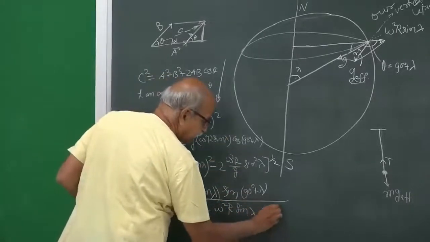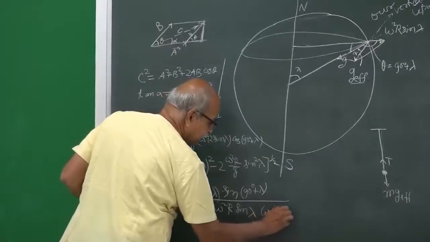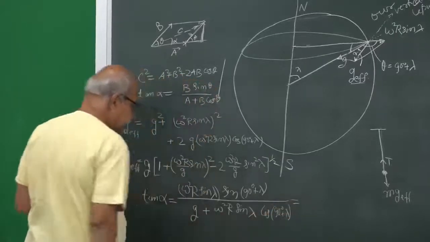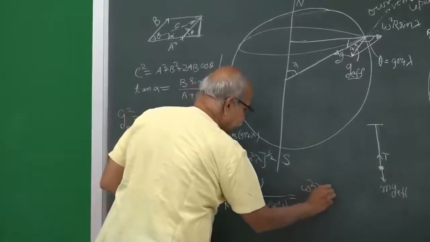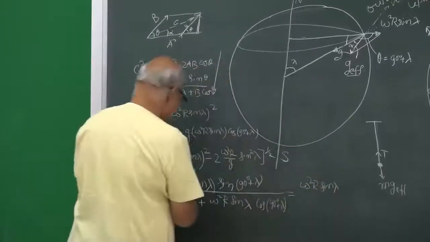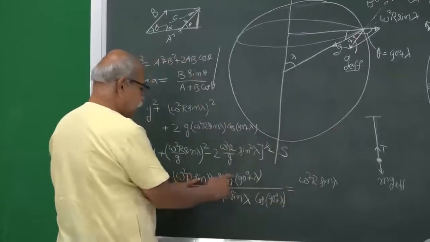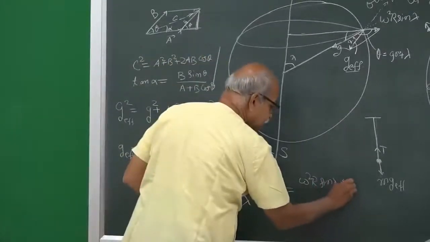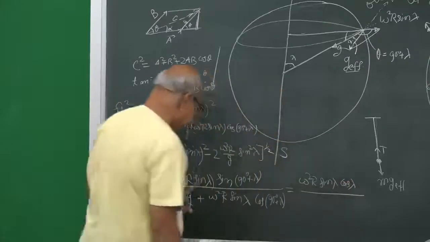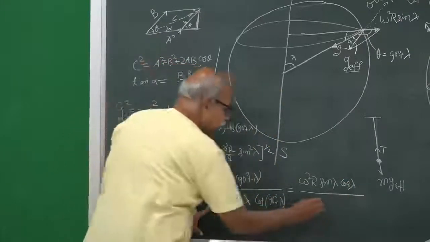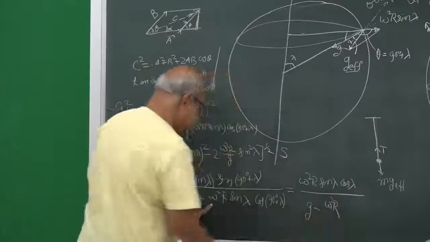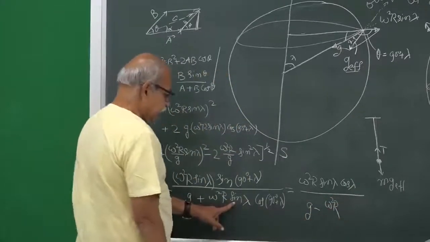So, cos of 90 degrees plus lambda, this will be omega square r sin lambda cos lambda divided by, and then this quantity G minus omega square r and then sin square lambda.